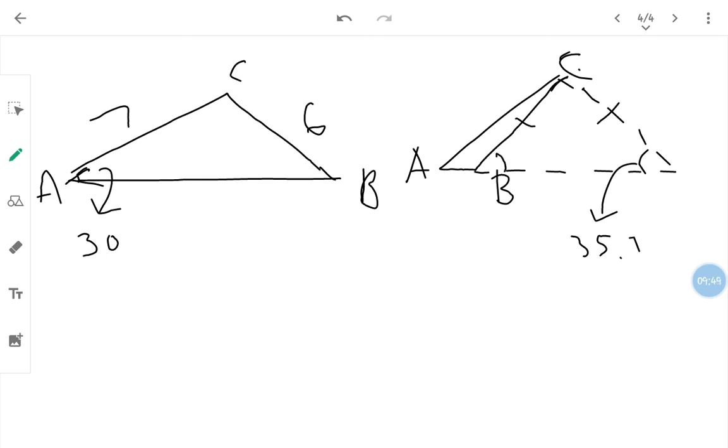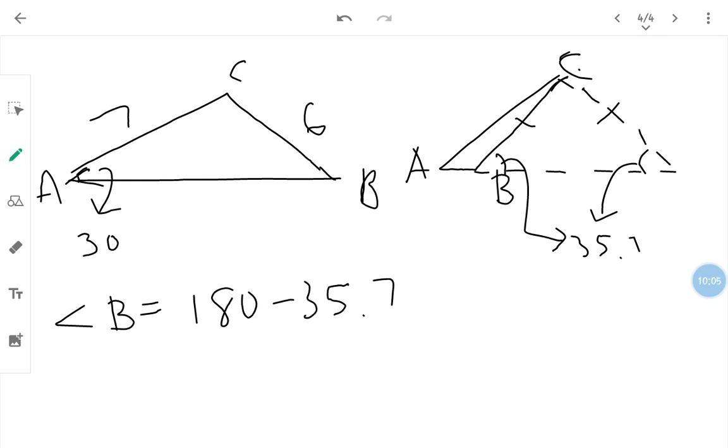So I can say this angle is also 35.7. Then how can I get my angle B, which is the obtuse version of the angle? Obtuse angle B, actually, I can do this. 180 minus 35.7. Then I can get my obtuse angle B, which is 144.3 degrees.